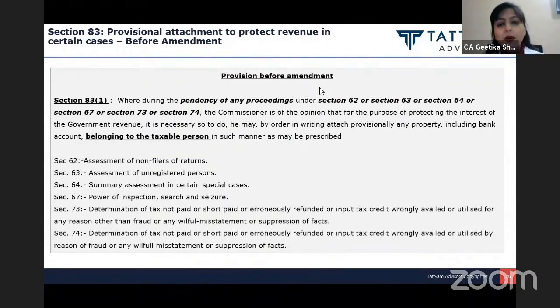So a lot of issues were raised, a lot of cases went before the High Court, and fortunately, most of the high courts gave favorable judgments in favor of taxpayers. If I talk about the first part of the definition, which talks about the pendency of proceeding, where the proceedings have been completed, say, for example, a search was initiated, it got completed, and then officers went back to their office and again attached the properties provisionally.